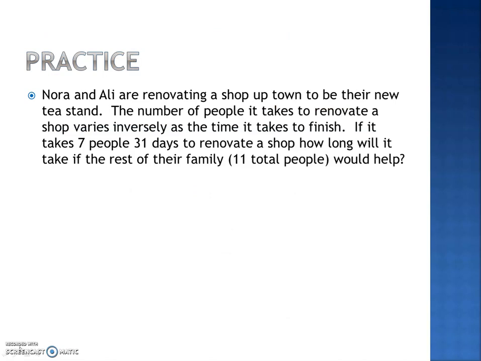Nora and Allie are renovating a shop uptown to be their new tea stand. The number of people it takes to renovate a shop varies inversely as the time it takes to finish it. If it takes 7 people 31 days to renovate the shop, how long would it take if the rest of their family, 11 total people, would help? Okay? So again, remember, we got situation 1, and situation 1 will equal situation 2.